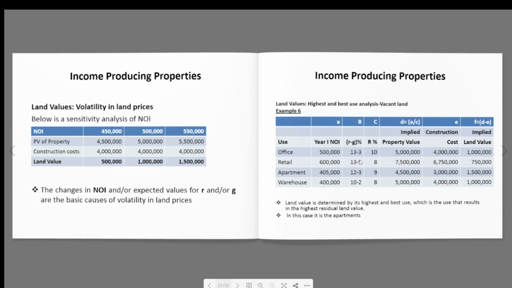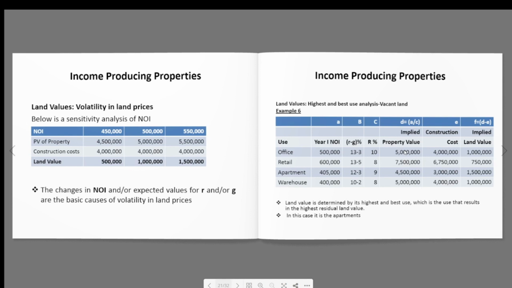So as the formula held earlier, for us to get the present value of the property, we need to divide the net operating income by the difference between the internal rate of return and the growth rate. In this case, we'll find that the office property value is 5 million, retail is 7.5, apartment is 4.5, and the warehouse is 5 million.